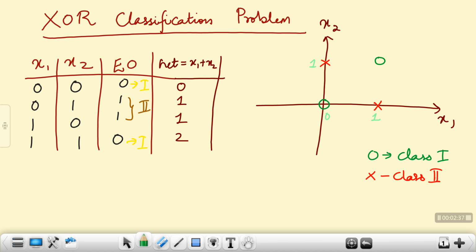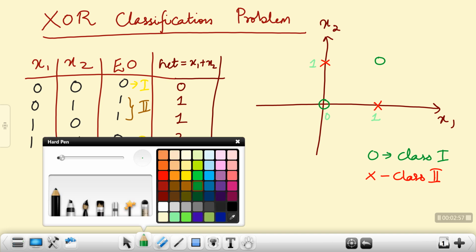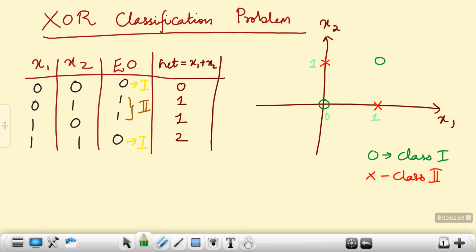From the previous discussion, we already know that a single neuron corresponds to a line. And it is not possible to have one line separating these two classes.